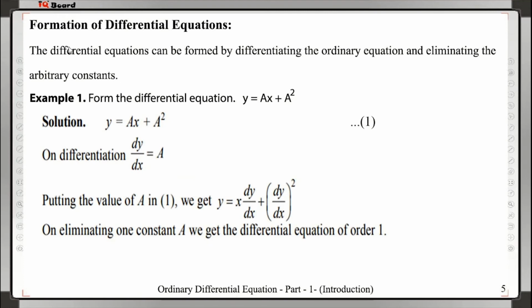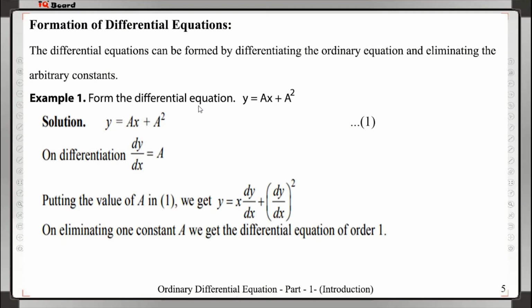Now the formation of differential equation. The differential equation is formed by eliminating the arbitrary constant by differentiating the ordinary equation. For example, we have a equation y equals to ax plus a square, and if we eliminate a, then we get the differential equation.